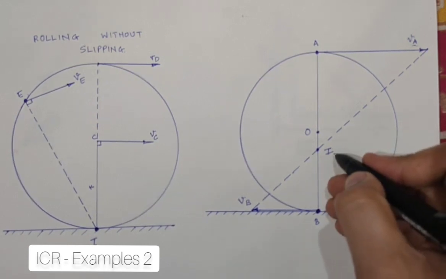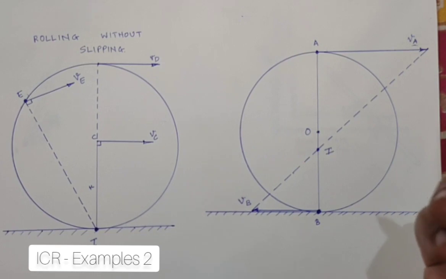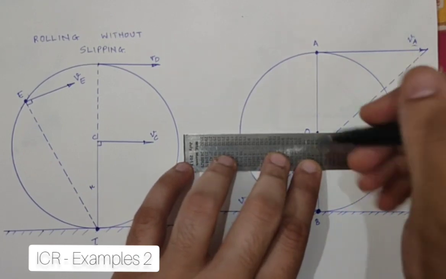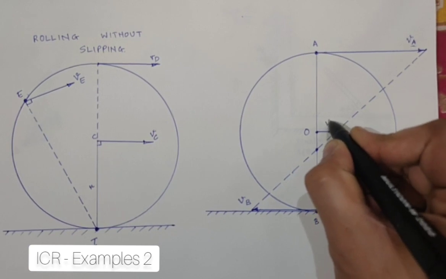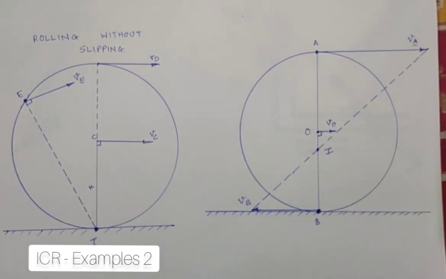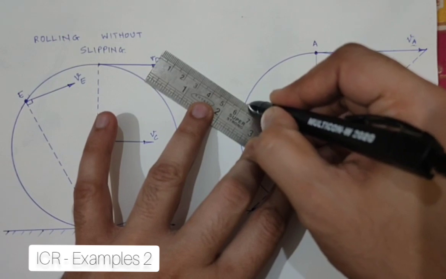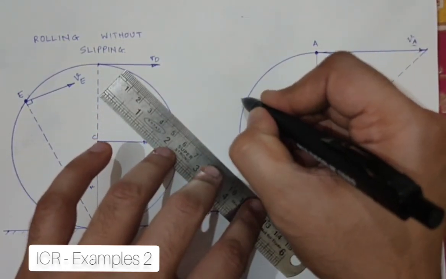Now using this ICR, you may be able to get the direction of any of the velocities and their respective values. So in our case, if I am trying to find the velocity VO, I can find velocity VO by drawing a perpendicular from point O with respect to I. Same way, for any other point on this given roller, I can join that point to this ICR.